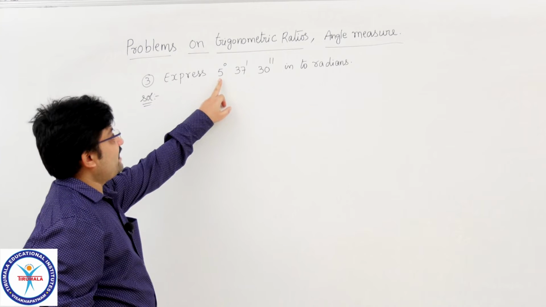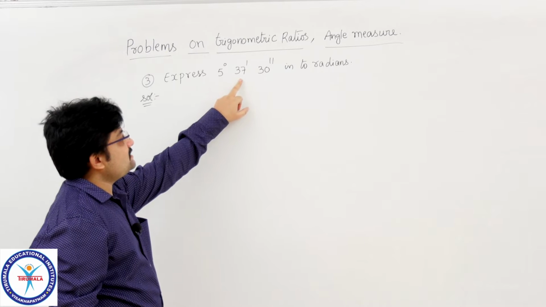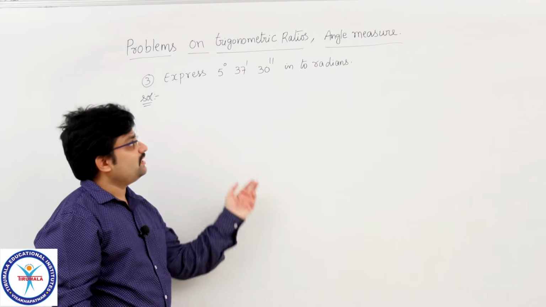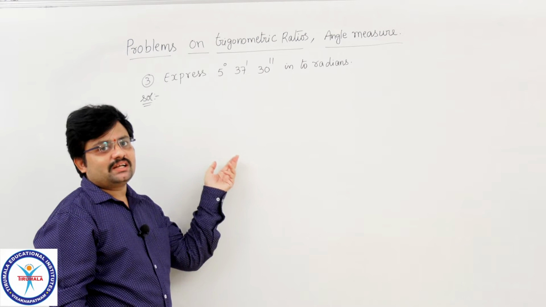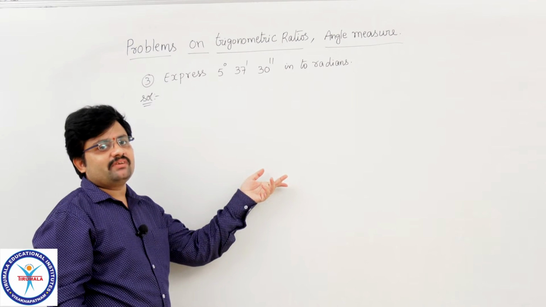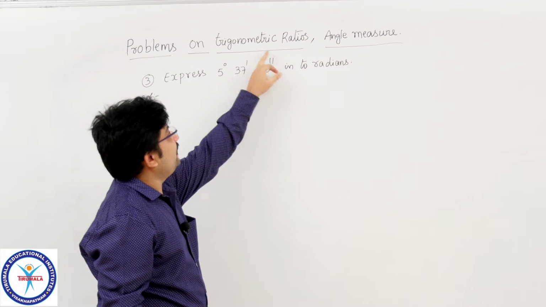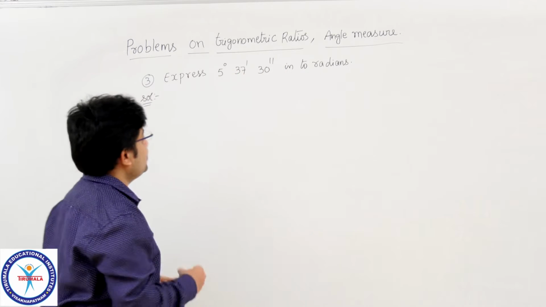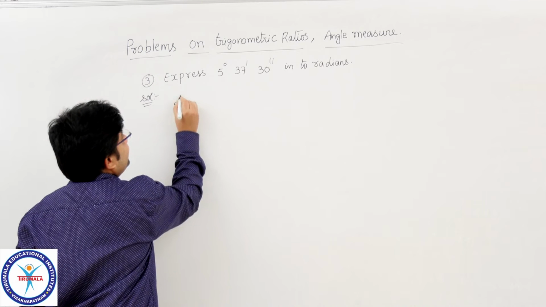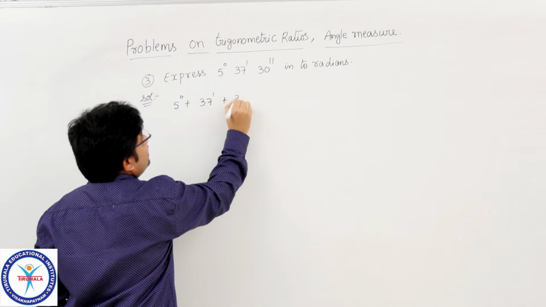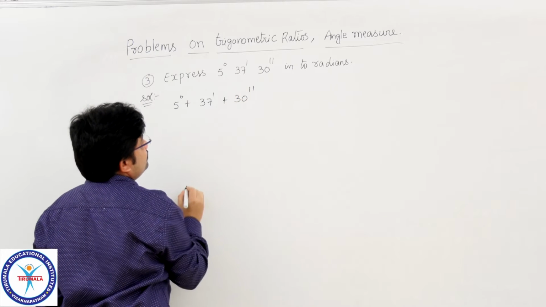Express 5 degrees, 37 minutes and 30 seconds into radians. So, as we discussed, to convert the degrees into radians, we will multiply with pi by 180. So, now let us convert the total into degrees. That means, here 5 degrees plus 37 minutes plus 30 seconds.